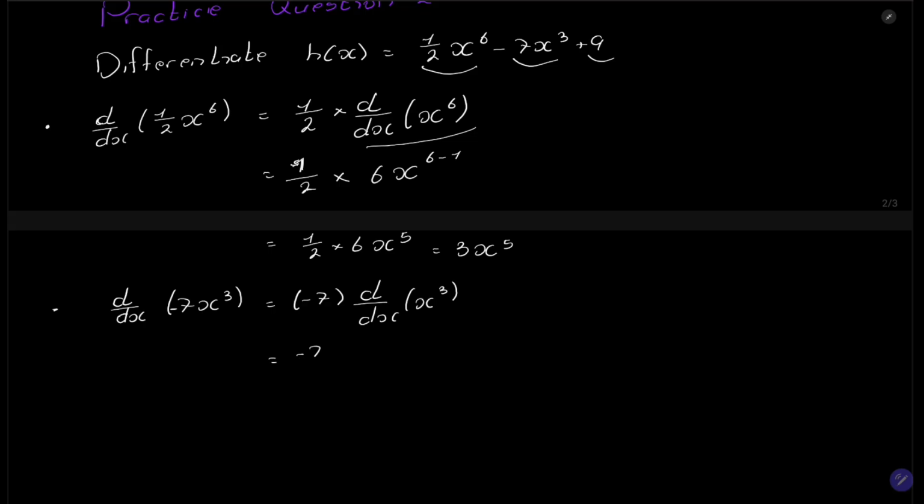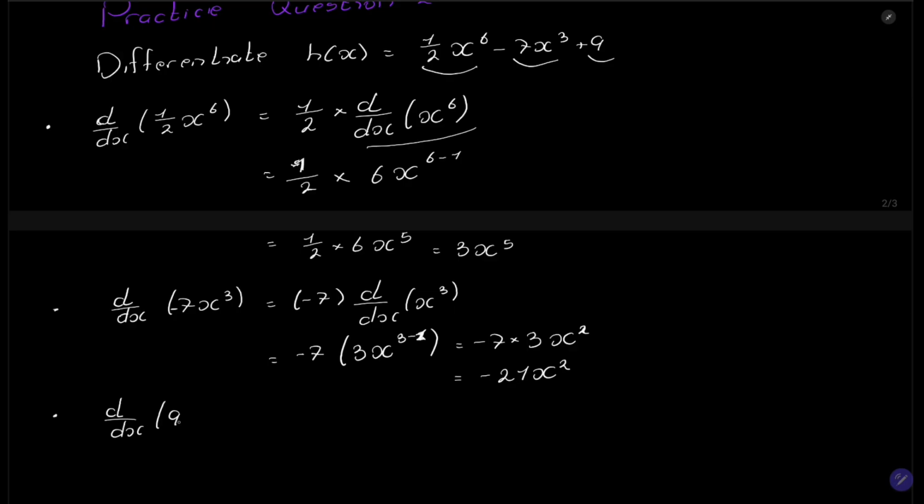This gives us negative 7 times 3x to the power 3 minus 1, sorry, 3 minus 2, times 3x squared, which then gives us negative 21x squared. Moving on to our third term, the derivative with respect to x of our constant 9.